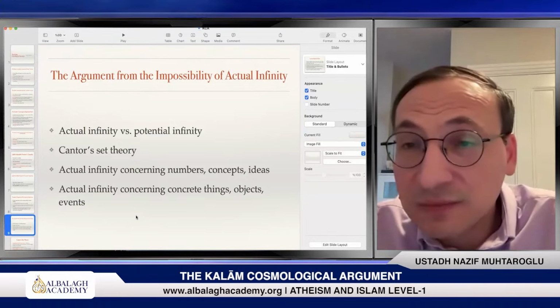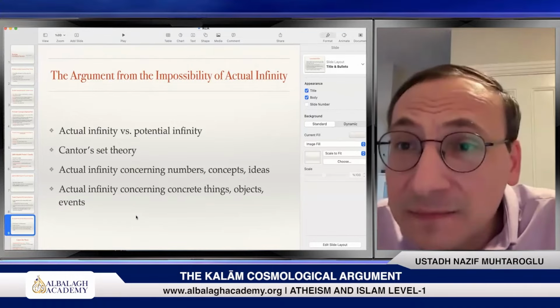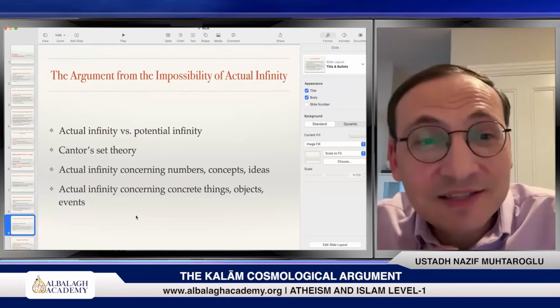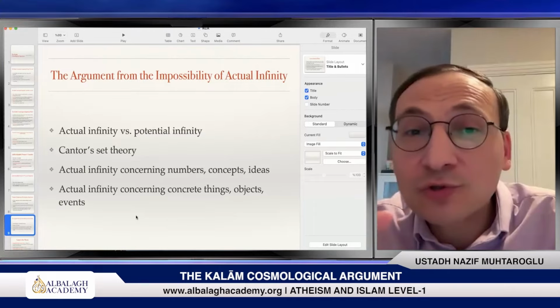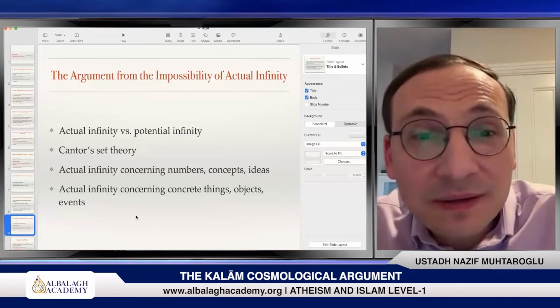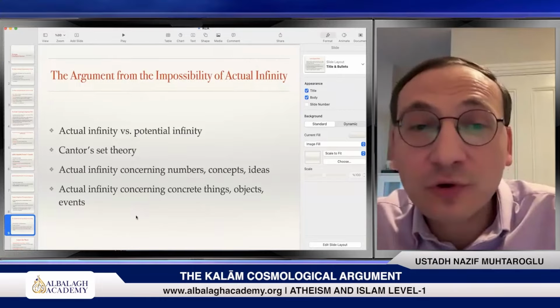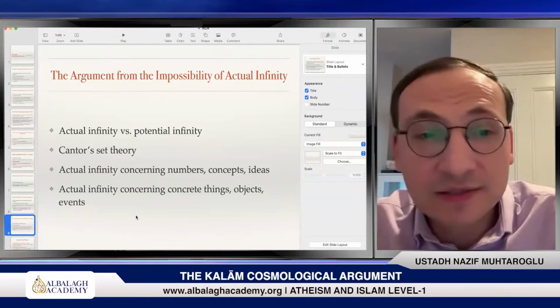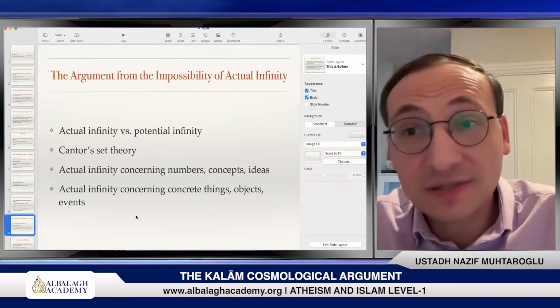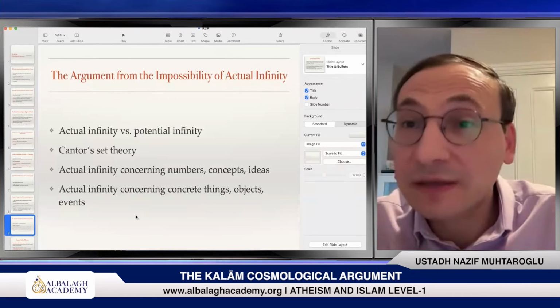We can see it, for example, in the text of al-Taftazani. He, like Craig, states actual infinity concerning numbers or concepts is not impossible, but actual infinity concerning concrete things is impossible. So this distinction is also made by the later Mutakallimun.